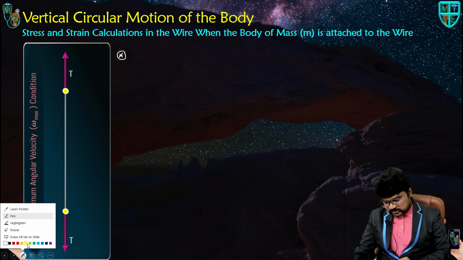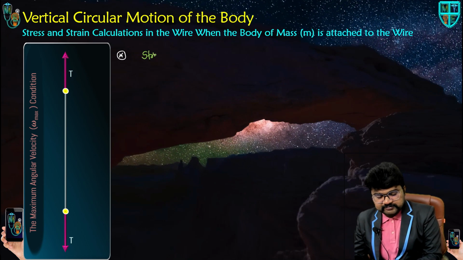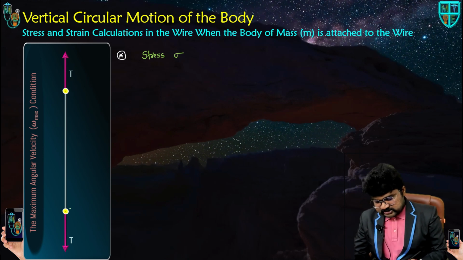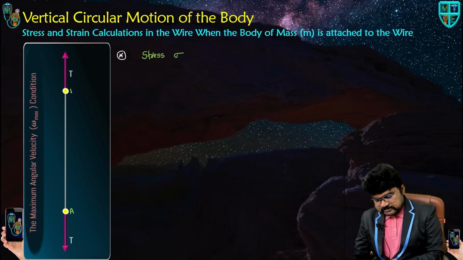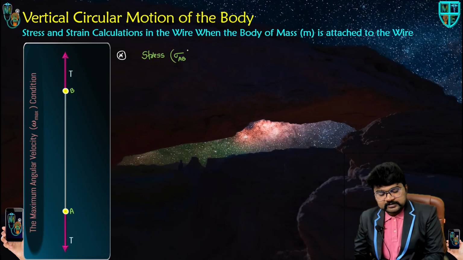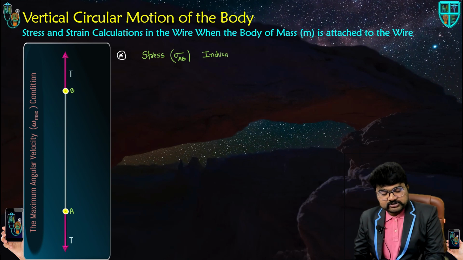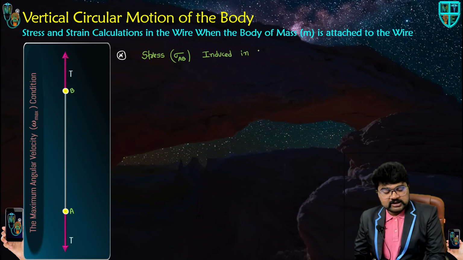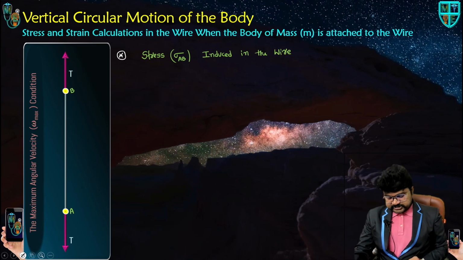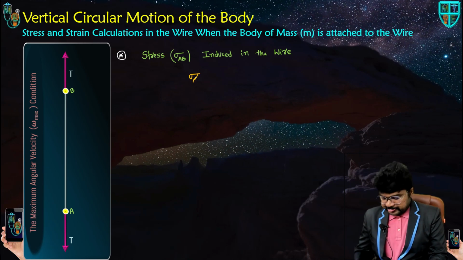I want to tell you what is the magnitude of stress. A, B is at top, sigma AB, stress induced in the wire, is nothing but sigma AB.